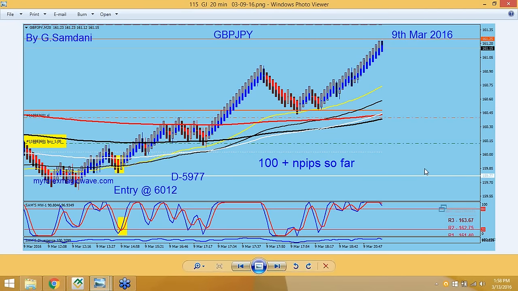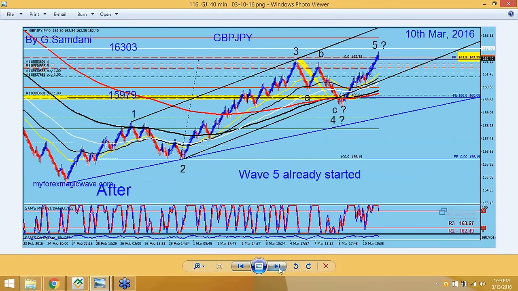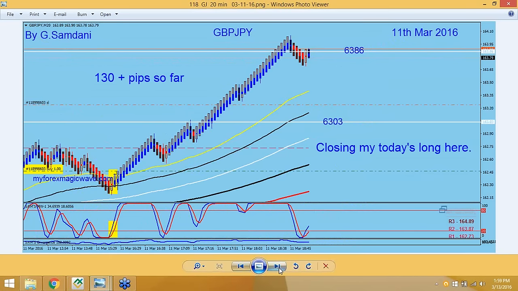I'm going to trade it, but not last week, even though it went up. But pound yen was more expected, and I was expecting something out of it, and it did, because of the very nice Elliott wave count we had. So this one was a trade on the 9th, this is on the 10th, and this is on the 11th.